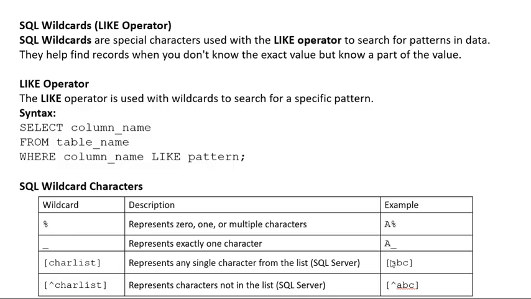For example, square brackets with ABC inside means any one of those characters. And square brackets with a caret sign inside, like [^ABC], represent a character that is not in the list, in SQL Server.